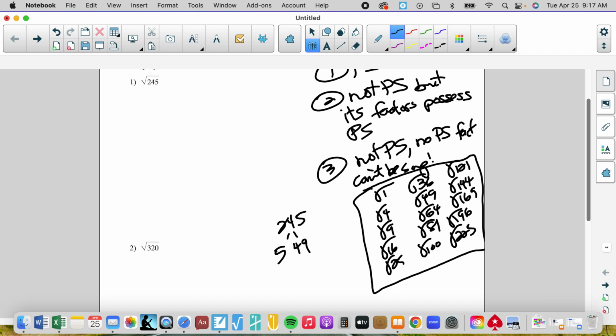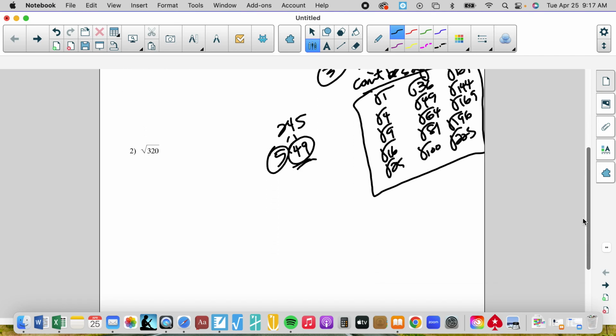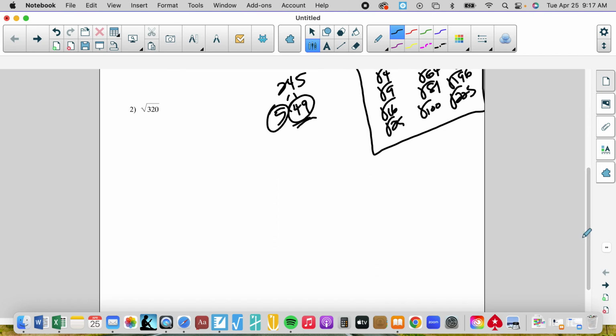So finding the prime factorization sometimes helps me find that perfect square factor. Doing that was very beneficial because the square root of 49 is a perfect square. So we got 7 rad 5. Those are two really good techniques to figure out how to simplify a radical.